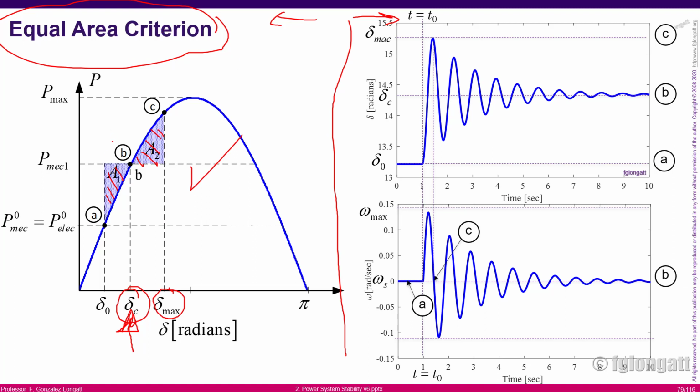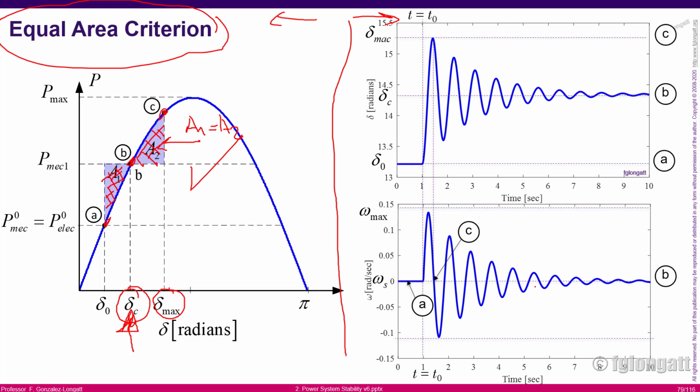The equal area criterion is looking to identify if it is possible to define areas that are equal. If the accelerating area is equal to the decelerating area, we are in a steady state condition. We will reach a steady state condition that is stable, okay?